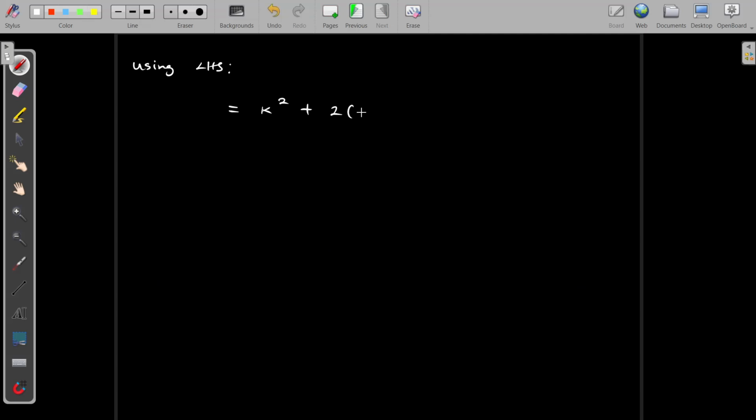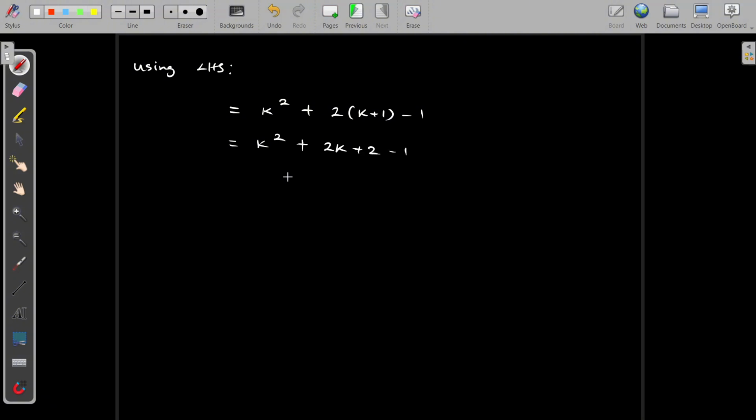So it's 2 times k plus 1 minus 1. So this is k squared plus 2k plus 2 minus 1, which is just k squared plus 2k plus 1. That's simple. So we got our answer. Left hand side is equal to right hand side.